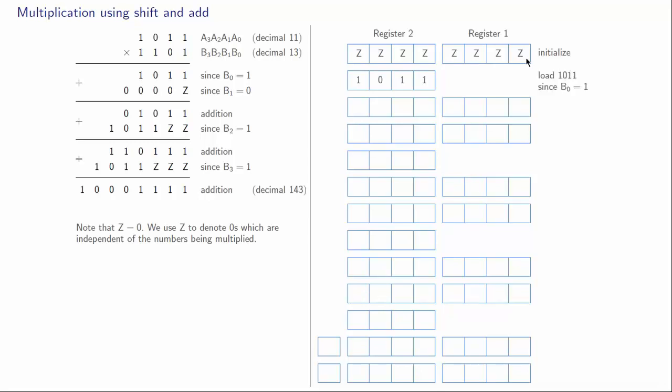Alright, now step number 1 is to load 1011, the multiplicand, this one, in this other register, since B0 is 1, and now we are going to add these two 4-bit binary numbers to get this result here, and this binary number is simply going to be copied to this part. Alright, so we have got 1011.